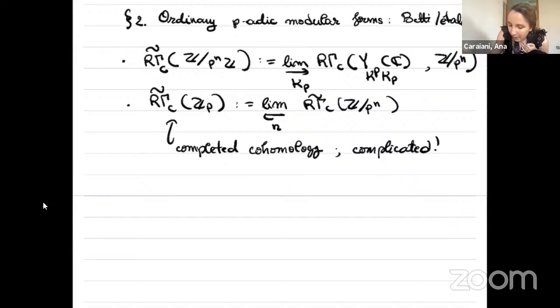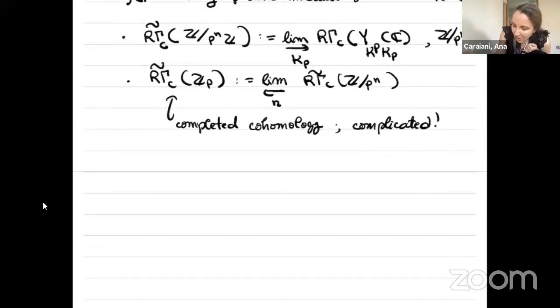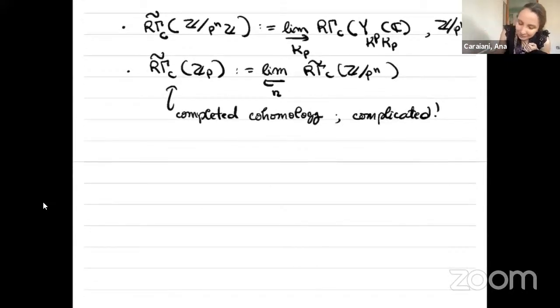So this gives a very general way of defining families of p-adic automorphic forms using the Betti cohomology of locally symmetric spaces, and that's very appealing about it. But this object is too complicated for my purposes. And so I want to cut it down, by which I mean I want to apply Emerton's functor of ordinary parts to it.